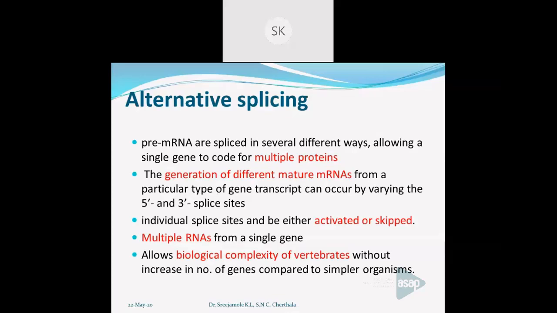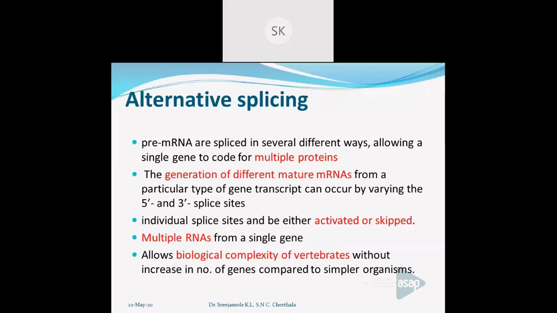And if the splice site is skipped, that particular exon will not be detected by the spliceosome, and it will be included in the mature mRNA. So from a single pre-mRNA, different varieties of functional mRNA can be produced.